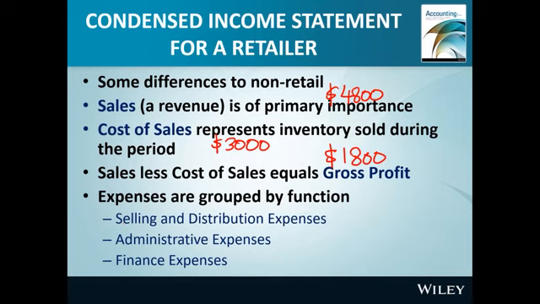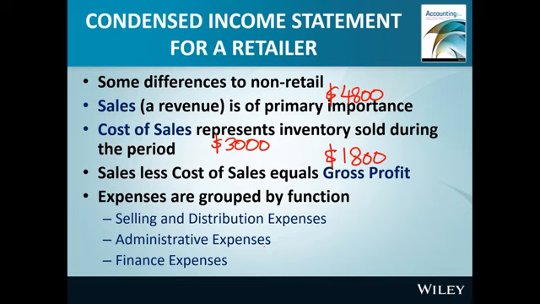So we need to regroup our expenses into three categories: selling and distribution expense, anything to do with selling, for example, marketing, advertising, transportation, maybe fuels, this falls under selling. Second is administrative expense, maybe the office, the rental, the computer, depreciation, all this falls under administrative expense.